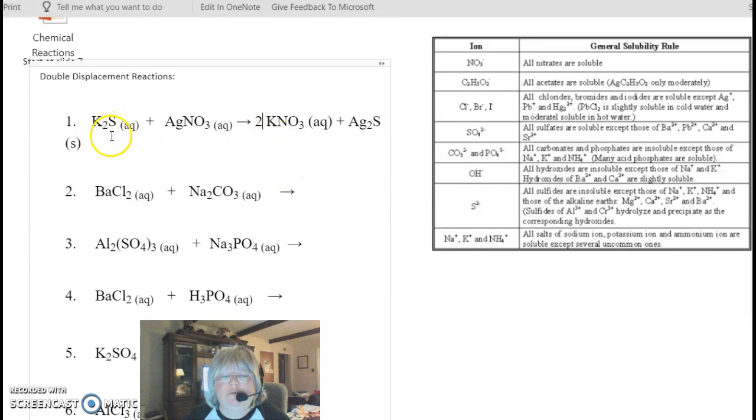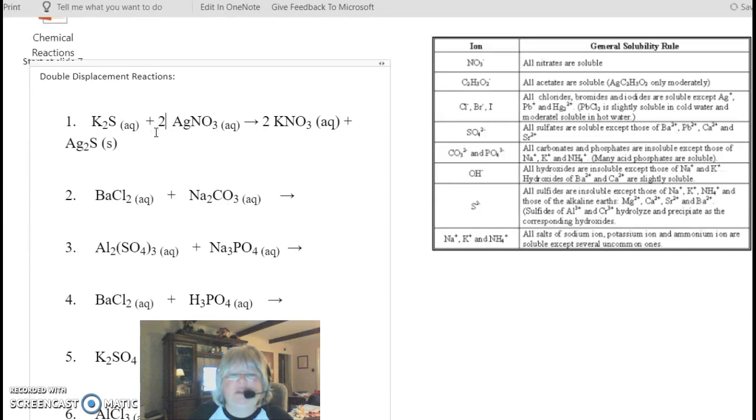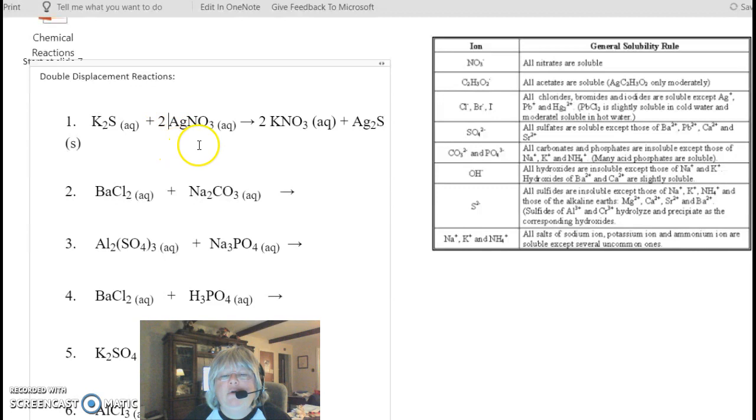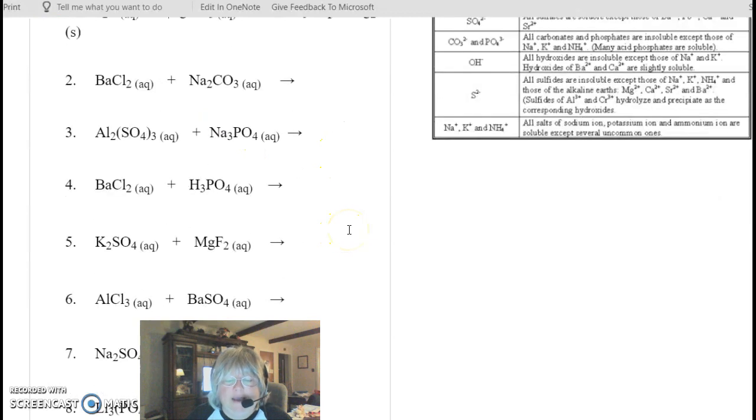Now I've got 2 potassiums here, 2 potassiums here. 1 sulfur, 1 sulfur. 1 silver, 2 silvers here. So I put a 2 in front of that compound, and that will help me make my nitrogen and oxygen be balanced. Okay.